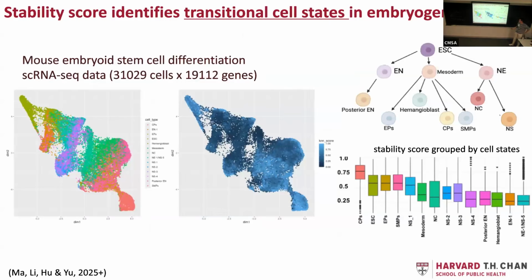And as you can see, for a low dimensional embedding of a complex data set, there are some parts that are more confident for the algorithm, and some parts are less confident. And in that case, we can find that this can be used to tell us something about the underlying biology.